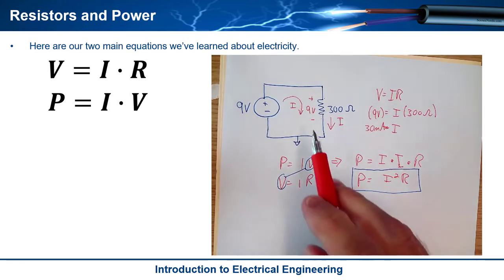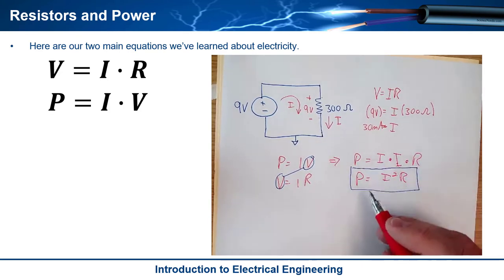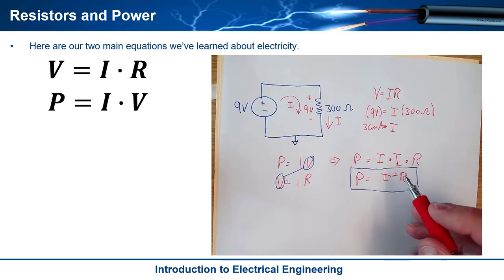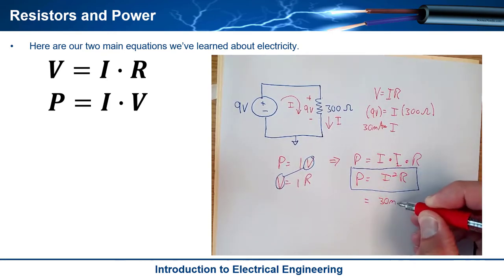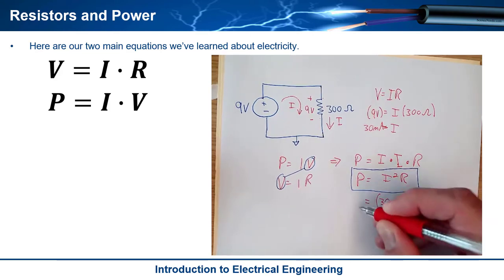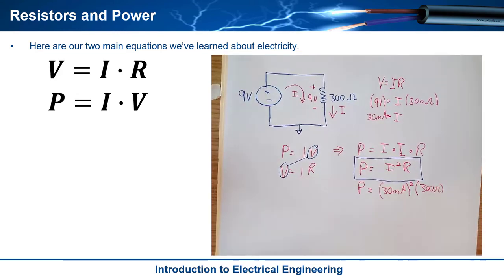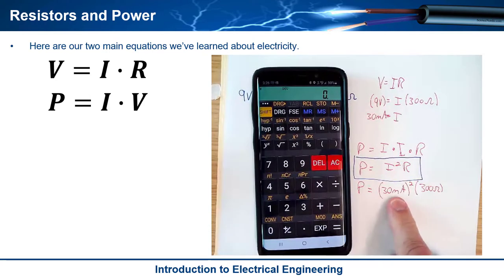So let's calculate the power that is being dissipated by that resistor. Let's plug in some values. I calculated my I, which was 30 milliamps, squared. And then I'm going to put in the resistance, which was 300 ohms, and solve for power. Let's bring our calculator over, and this will give us some experience looking at how you enter 30 milliamps.